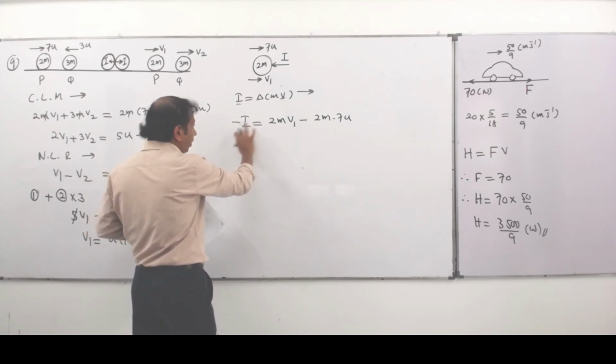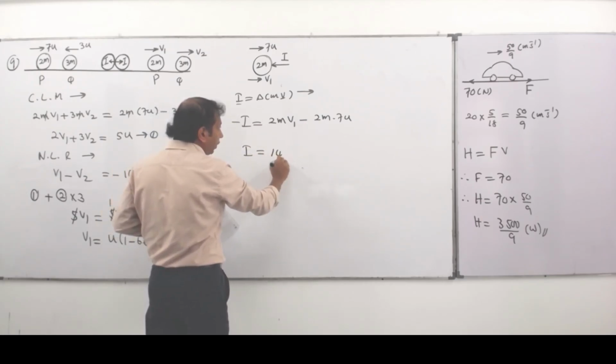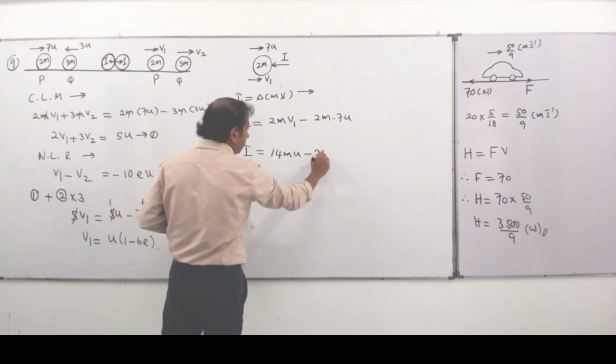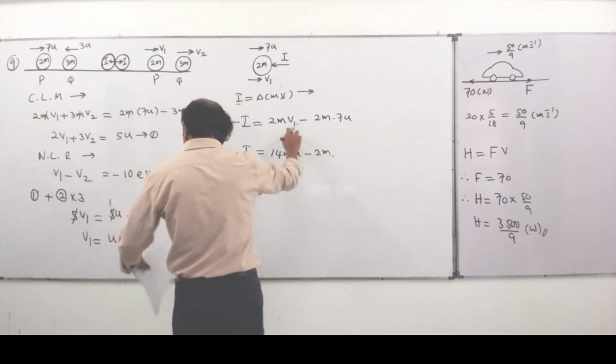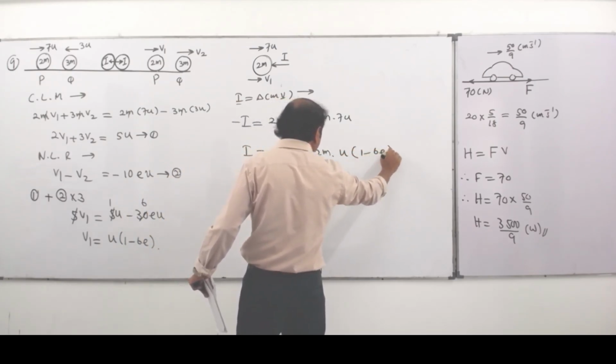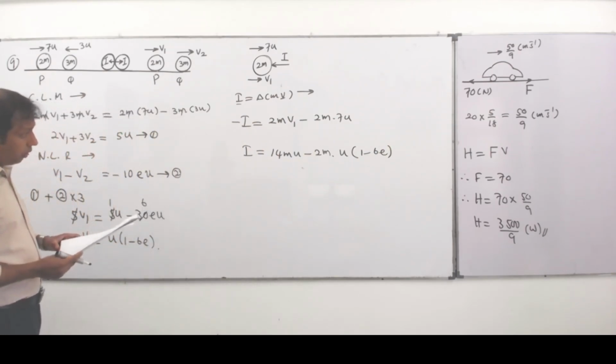I multiply both sides by minus sign. Then we get I equals 14mu minus 2m v1, where v1 is u times 1 minus 6e. Correct? Then we get the answer.